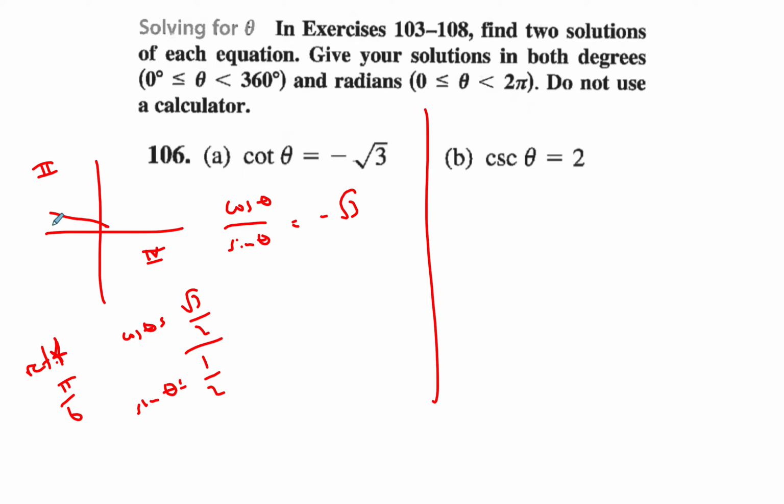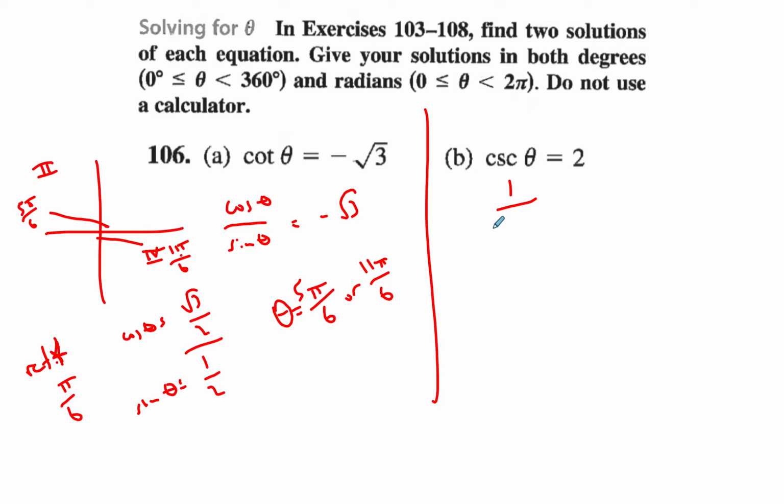So that means we're either looking here, which is pi over 6 off of here, which would be 5 pi over 6, just less than pi, or just less than 2 pi, which would be 11 pi over 6. So theta could be either 5 pi over 6 or 11 pi over 6.